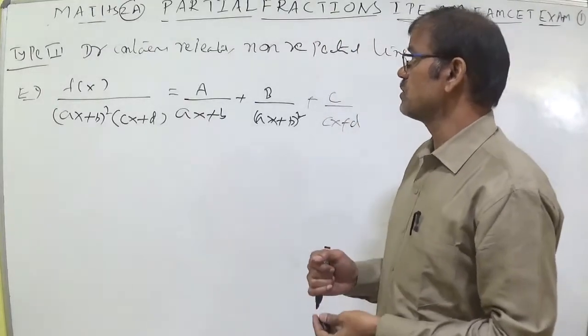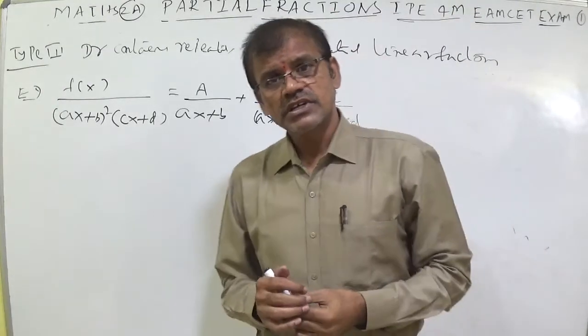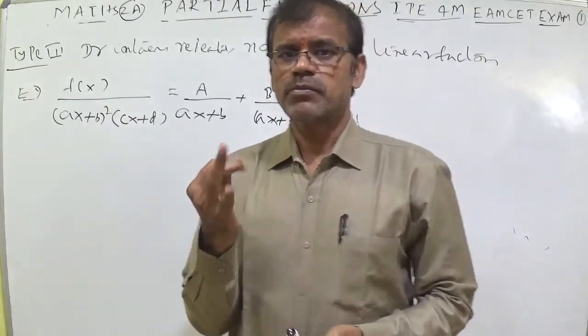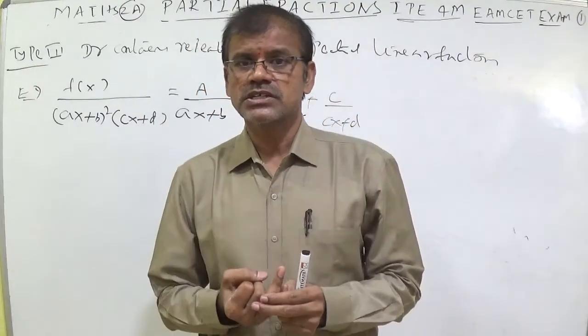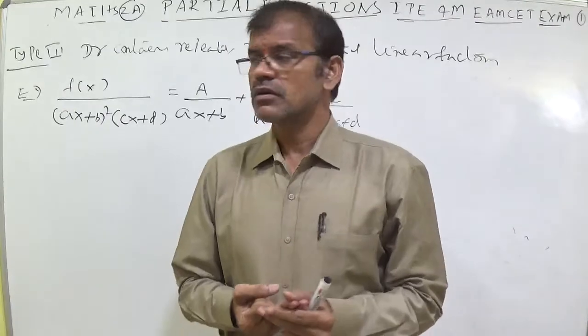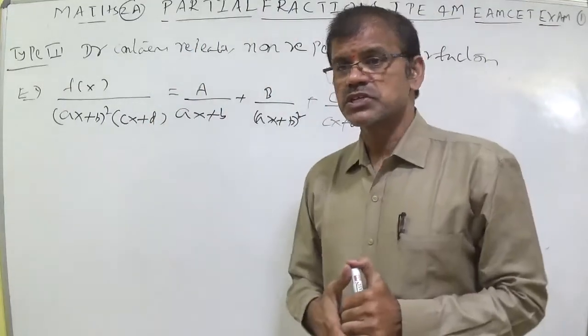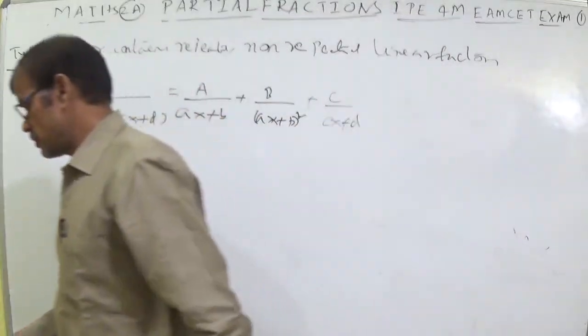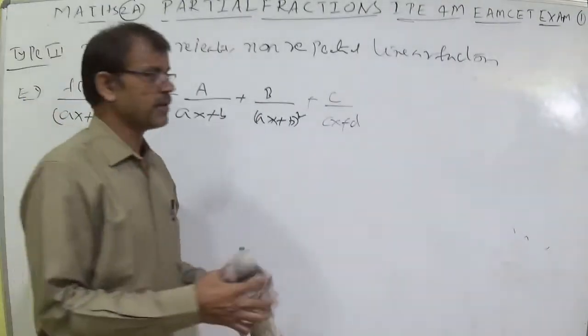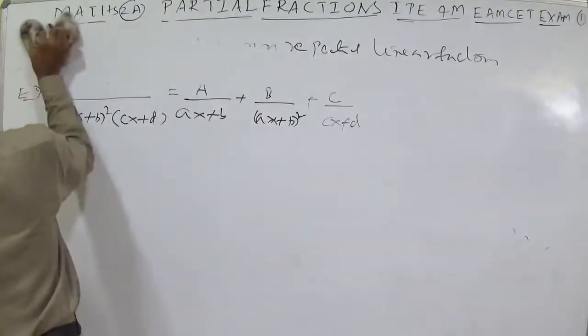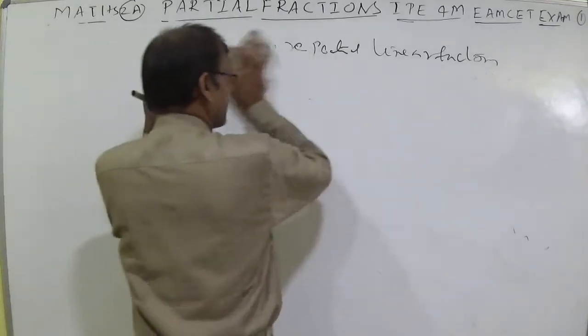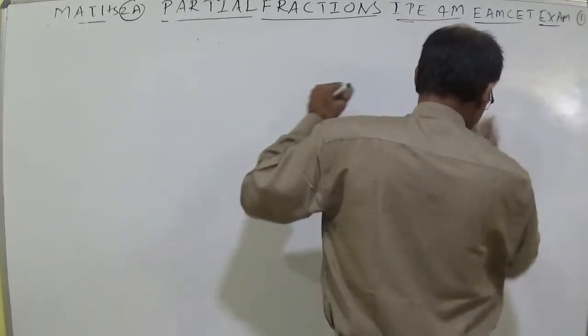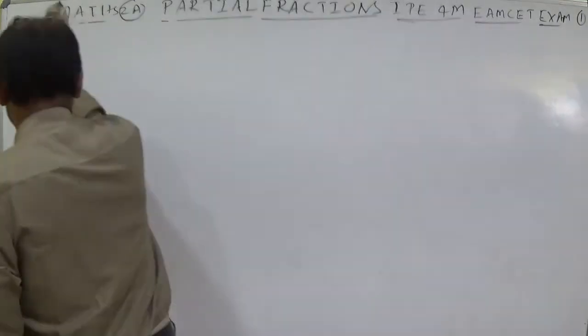Now we discussed the definition of polynomial, proper and improper fractions, rational fraction, partial fraction, and the working rule also. Theory we completed, which is necessary for the exercise 7a concepts, level 1 to 10 concepts.